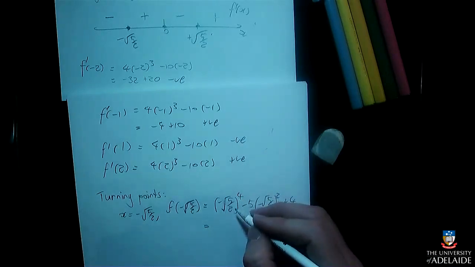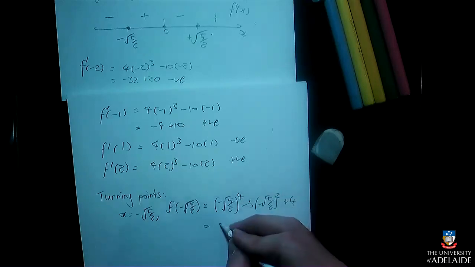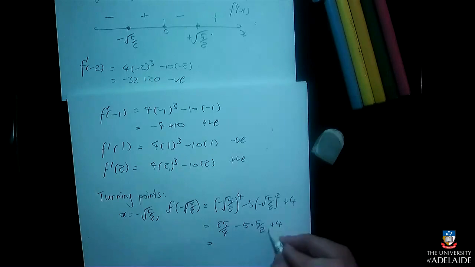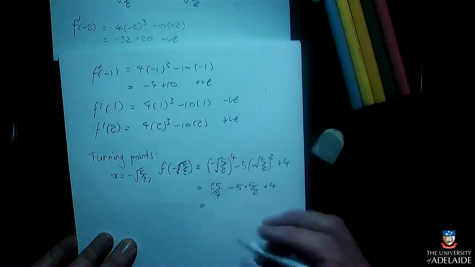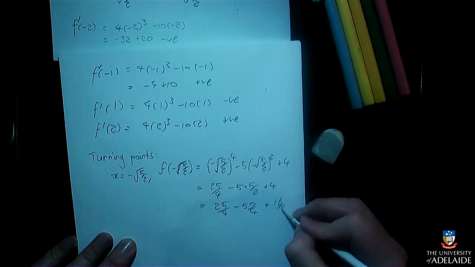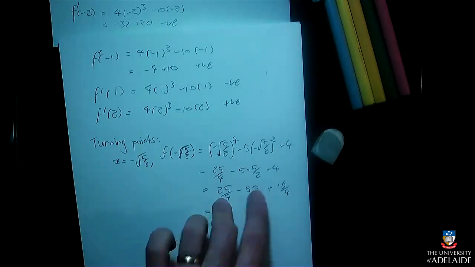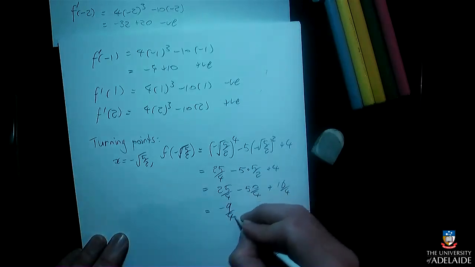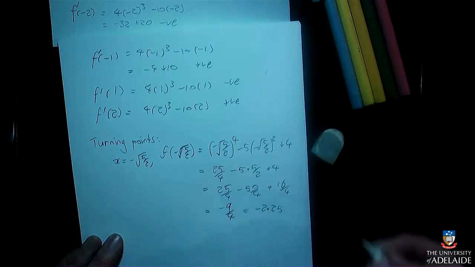When I square something and then square it again, that's the same as to the power of 4, so it's going to be 25 on 4 minus 5 times 5 on 2. And so we want that to be on 4, so that would be 50 on 4 plus 4, and I guess this would be 16 on 4. So 25 minus 50 is minus 25. Minus 25 plus 16 would be the same as minus what I get when I do 25 minus 16, which is 9. So I get minus 9 on 4, which is in fact equal to minus 2.25. I happen to know that fact.